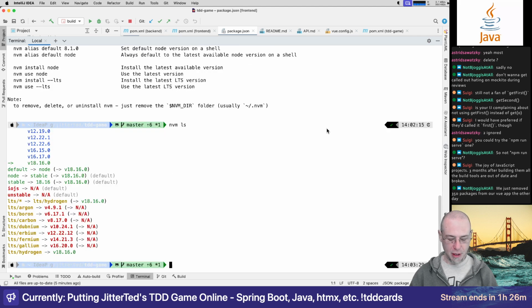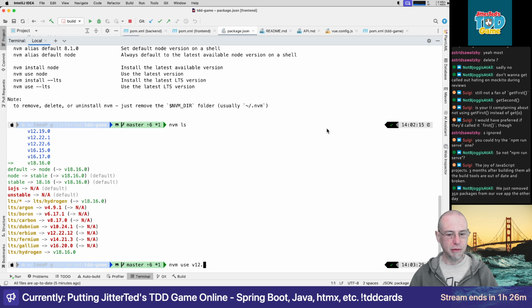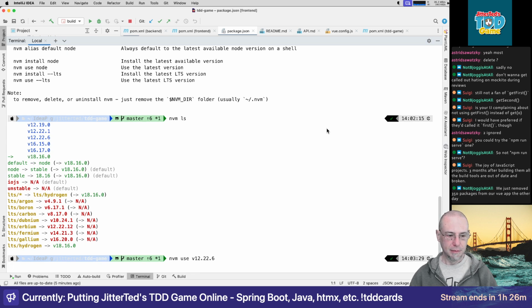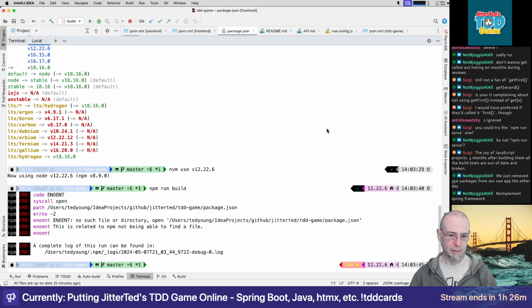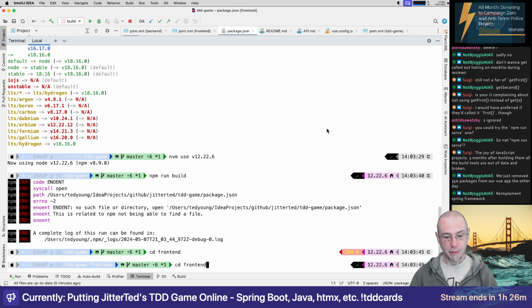So let's see if we can go back to an nvm use v12.22.6. All right, and so npm run build. Oh, let's change to the front end first, and then we can do npm run build.